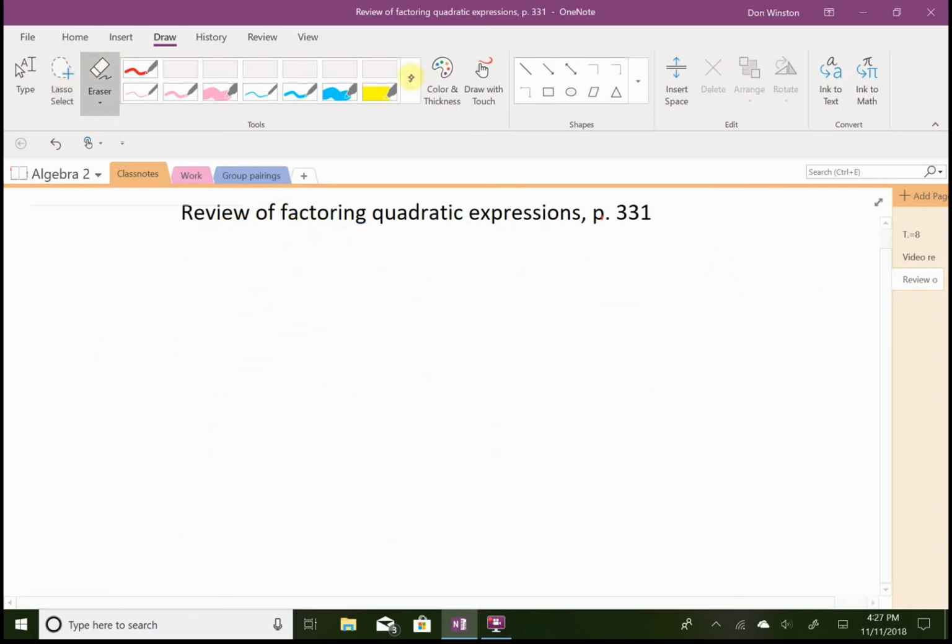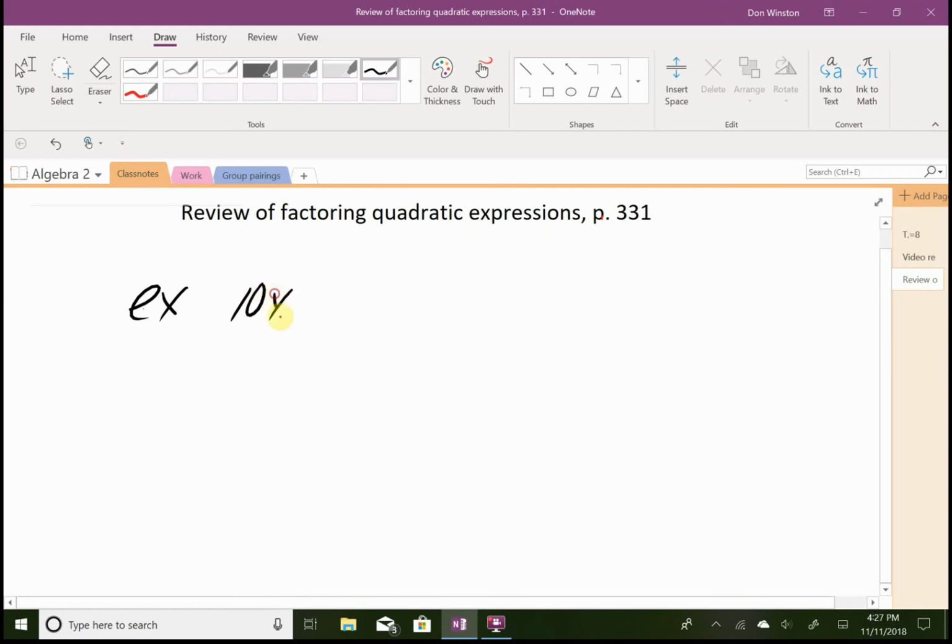So the last problem will go like this. Let's say I start with the problem. Here's the last example. I have 10x cubed plus 4x squared. Pause the video and see if you can actually factor this, and then come back and check your work. So let's factor this. Okay, the GMF.